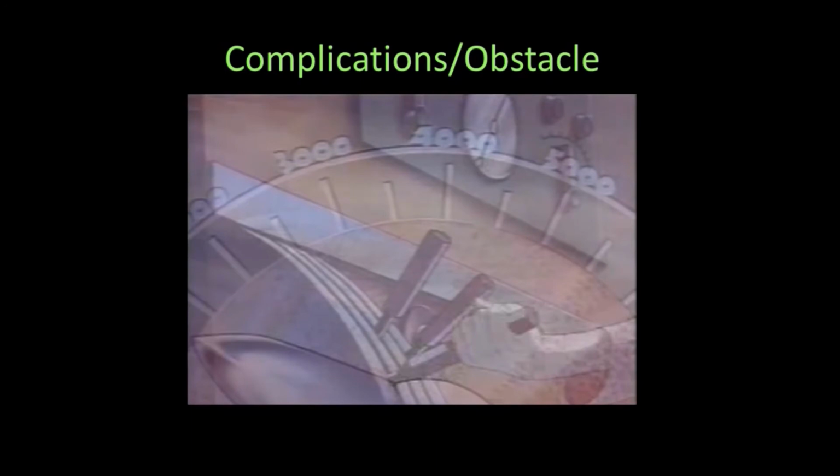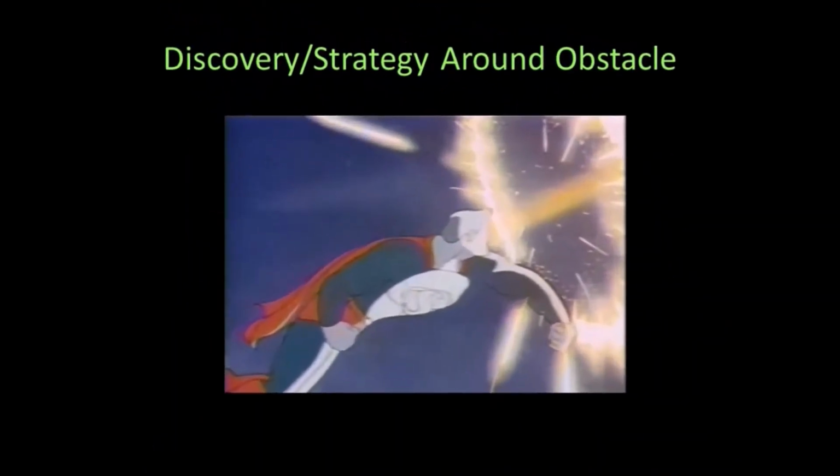The mad scientist, however, creates another complication by increasing the power of the ray. Superman has a discovery that he can punch the ray and defeat it.